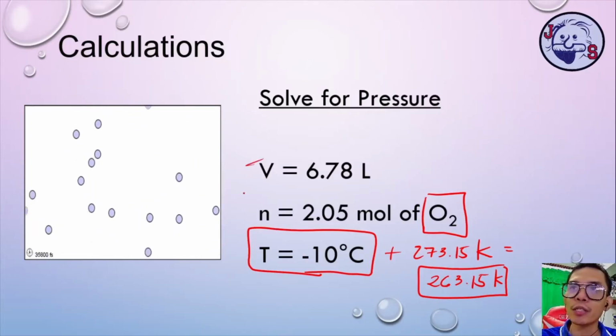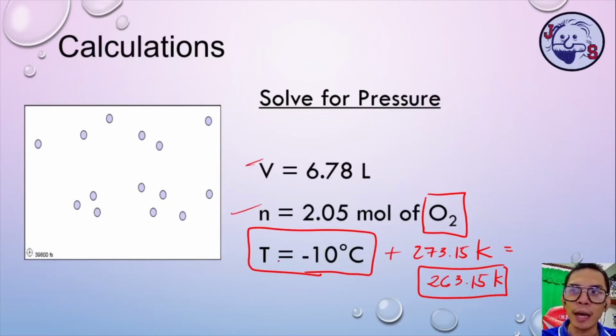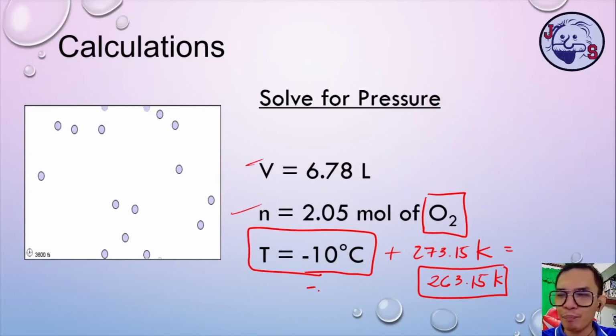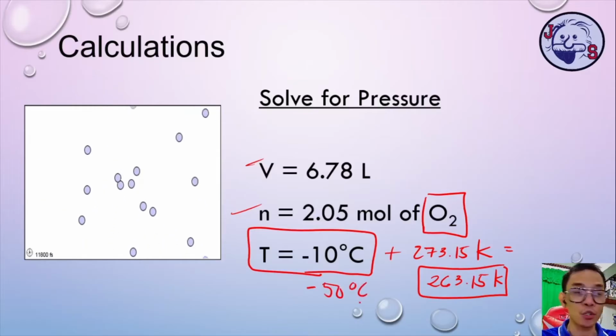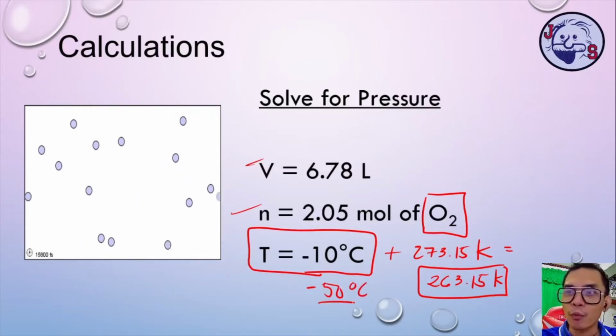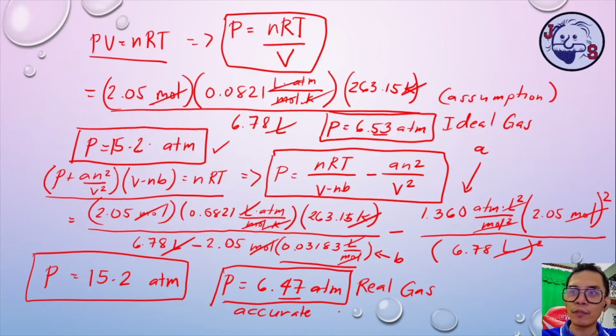And not only that, you can use a very low temperature. You can still use the same values that you have right here, and instead of negative 10, try using negative 50 degrees Celsius and find out what will happen to the value of the result. Compare it with this result.